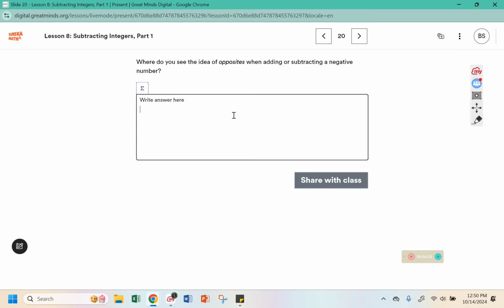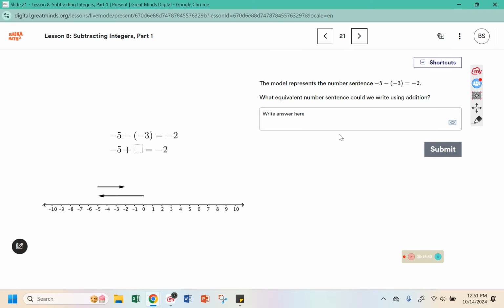Well, we write a subtraction expression as an addition one by adding the opposite. The model represents the number sentence -5 minus -3 equals -2.